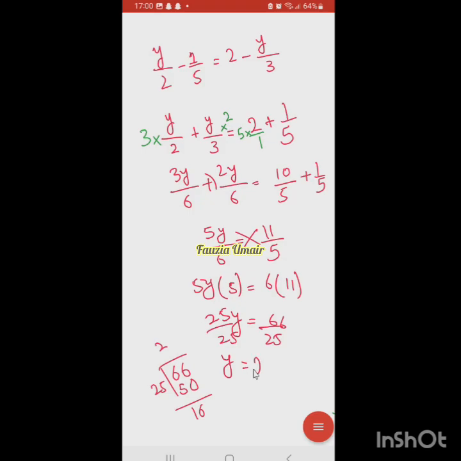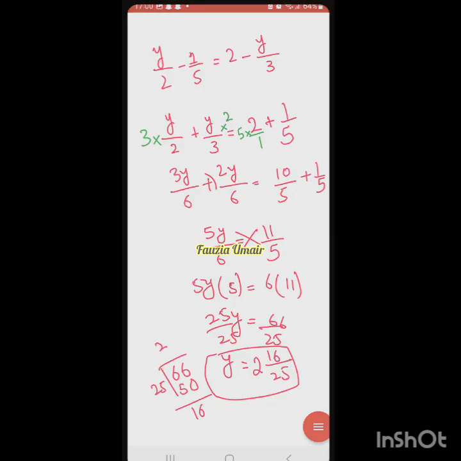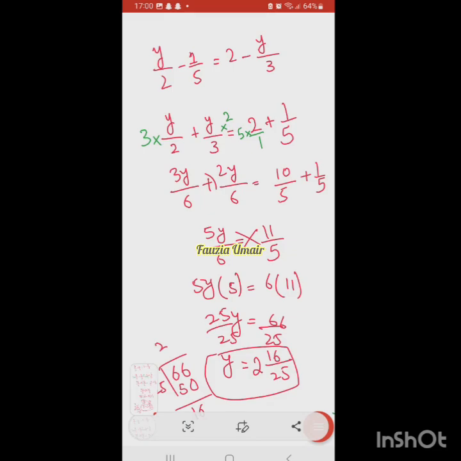You can write down 2 whole 16 by 25, right? जी बेटे, done? Is it clear बेटे? Yes.